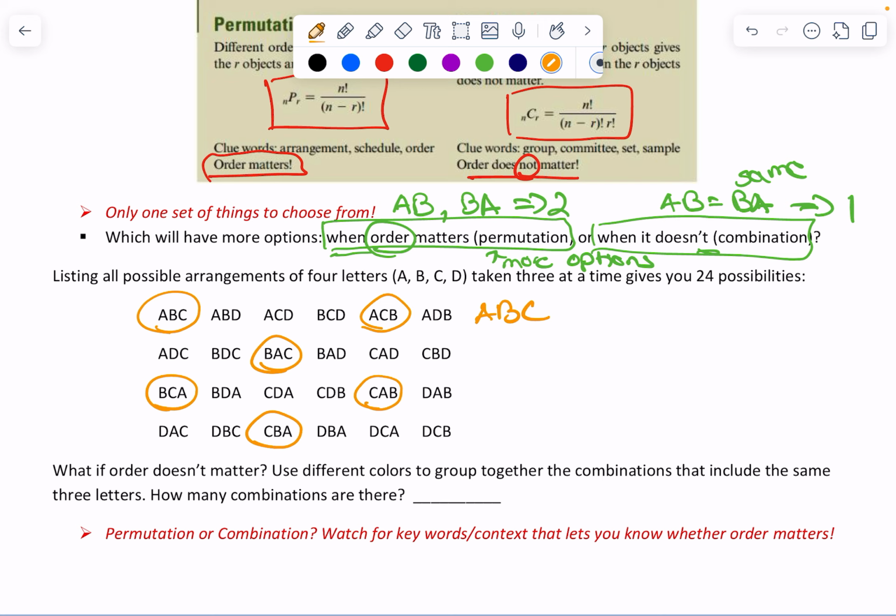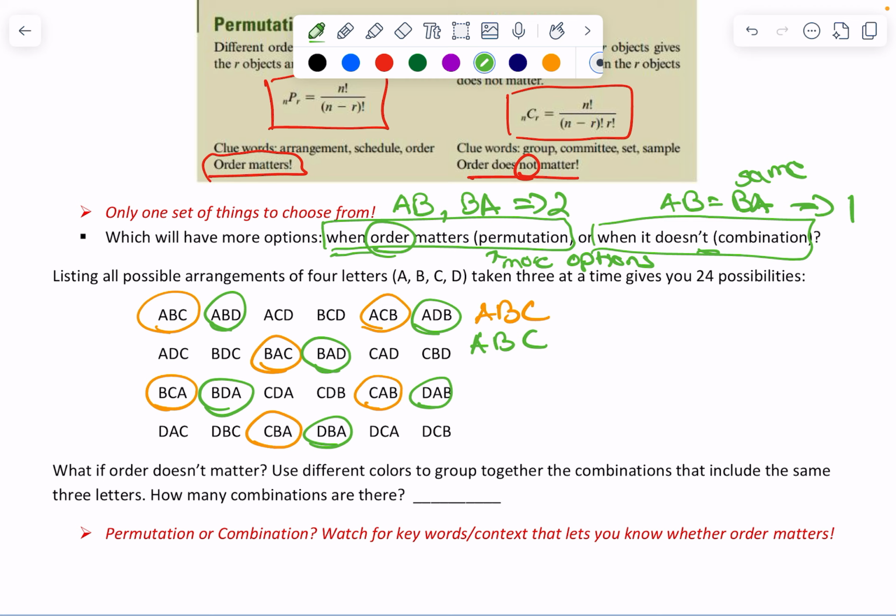Now, if we look at our next one, A, B, D. So ABD, we have ADB, BAD, BDA, DAB, and DBA.